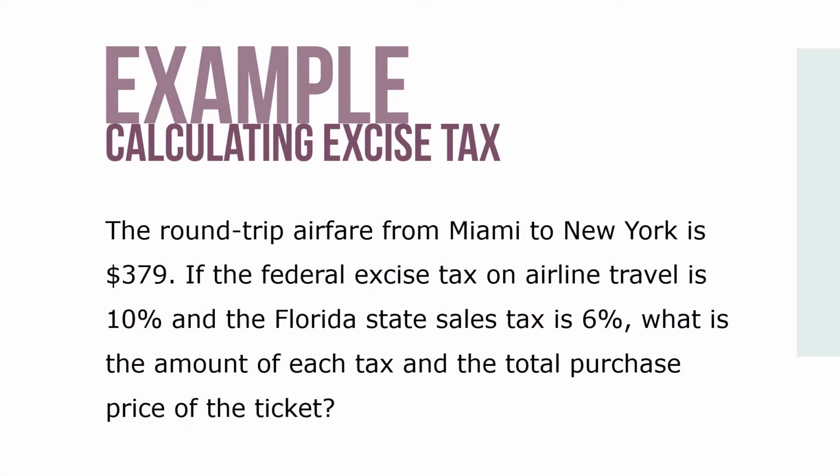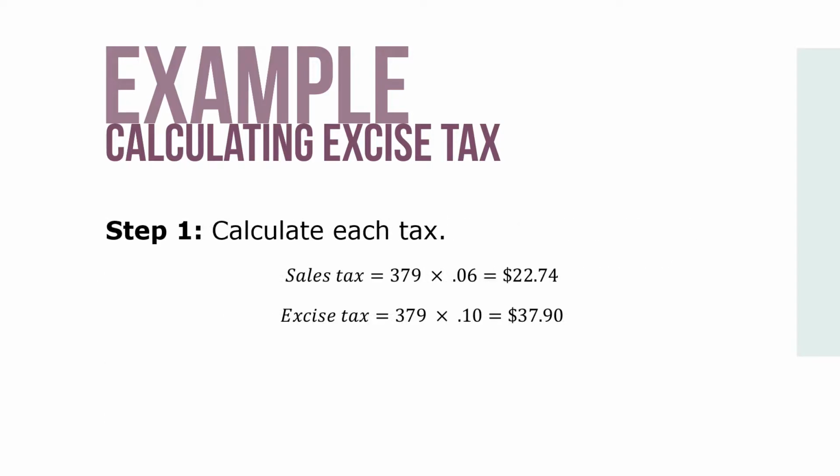Here's an example. The round-trip airfare from Miami to New York is $379. If the federal excise tax on airline travel is 10% and the Florida state sales tax is 6%, what's the amount of each tax and the total purchase price of the ticket? Step 1. Calculate each tax.